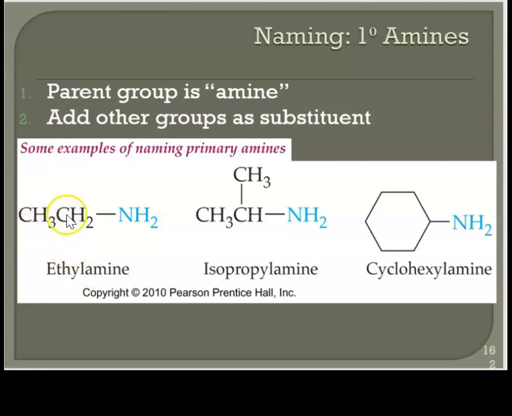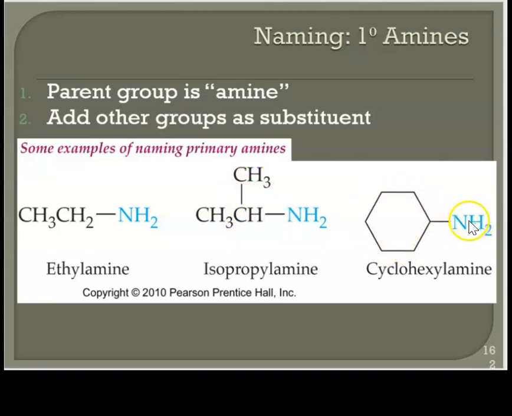And you're going to say methyl, ethyl, so that chain is going to be ethylamine, isopropyl, because methyl, ethyl, propyl, and it's on that second. We have that special terminology for these kinds of three simple carbon groups that have that secondary carbon attached to the amine. So isopropylamine, and then also cyclohexylamine.